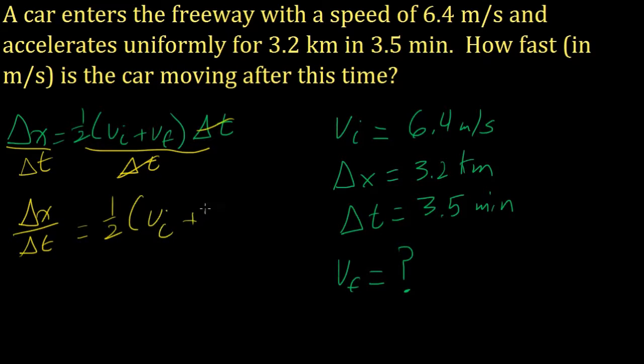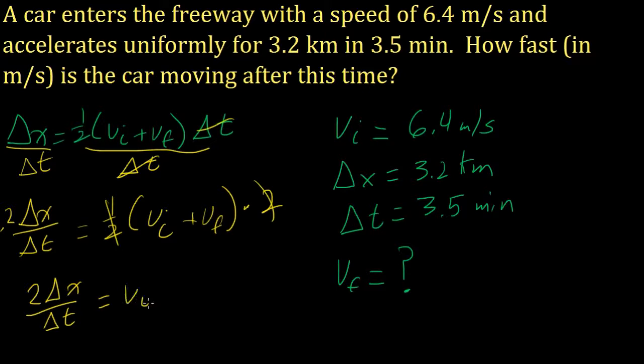(vi plus vf). Now to get rid of that half, I'm going to multiply both sides by 2. So I end up with 2 delta x over delta t equals 1/2... oop, nope, we got rid of the 1/2, that's what we just did. So those cancel, and it just equals vi plus vf.